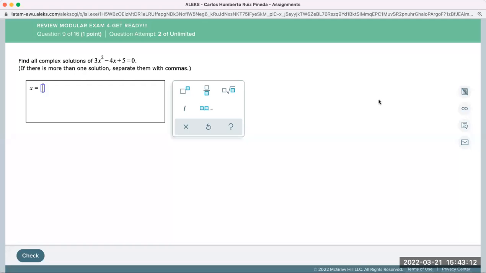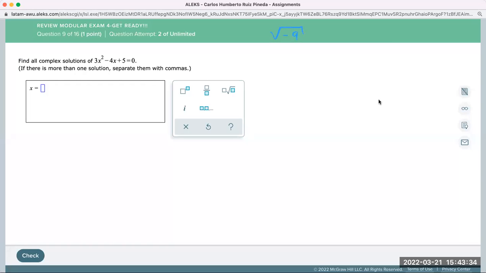In this example, we need to find all complex solutions of the quadratic equation 3x squared minus 4x plus 5 equals 0. Now, when it says complex solutions, there will be times where we get negative numbers inside of the square root, for example, square root of -9.